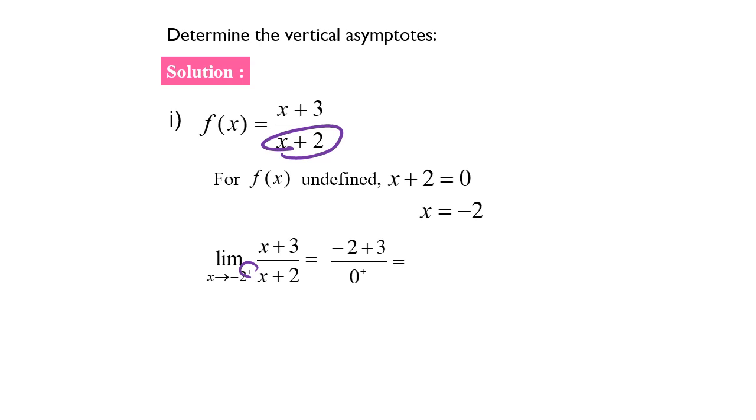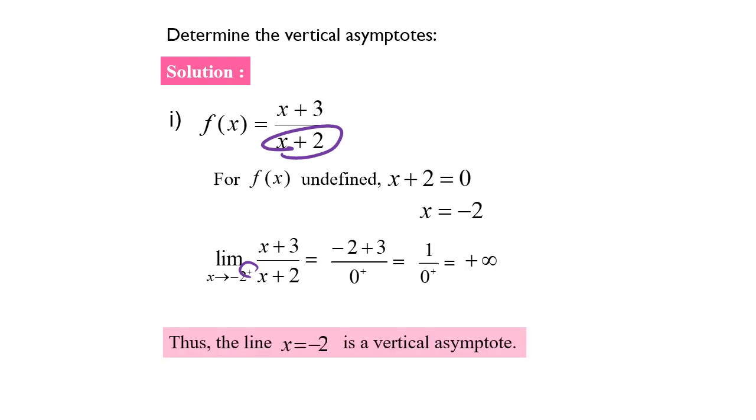The 0 is from the right side because x approaches negative 2 from the right side. So this is 1 over 0, which is equal to positive infinity. How about from the left side? It will be the same. Thus the line x equal to negative 2 is a vertical asymptote. Okay, example 2.